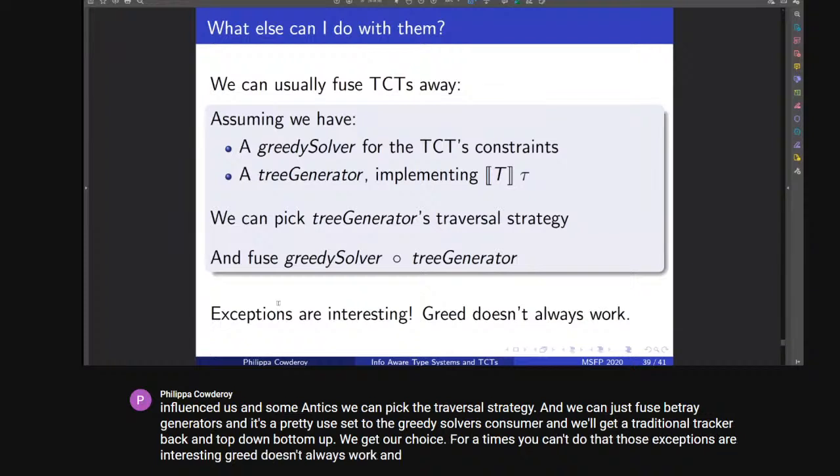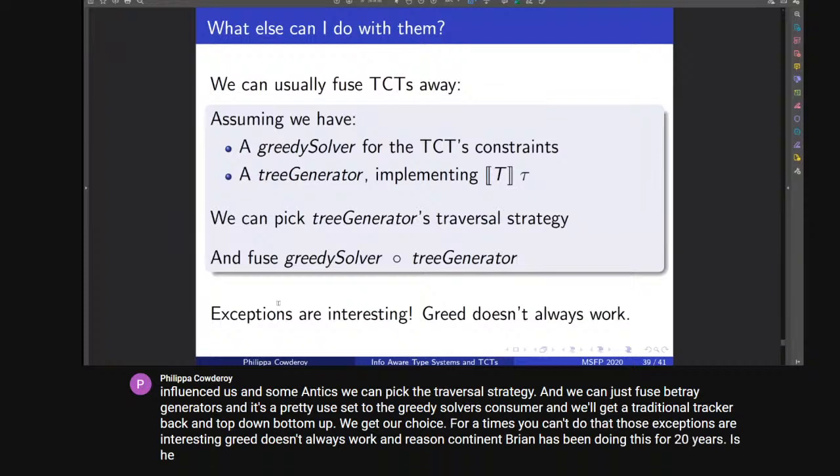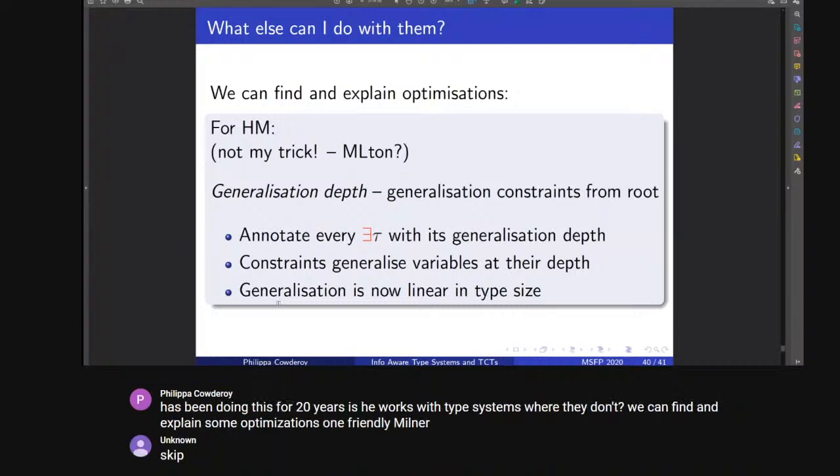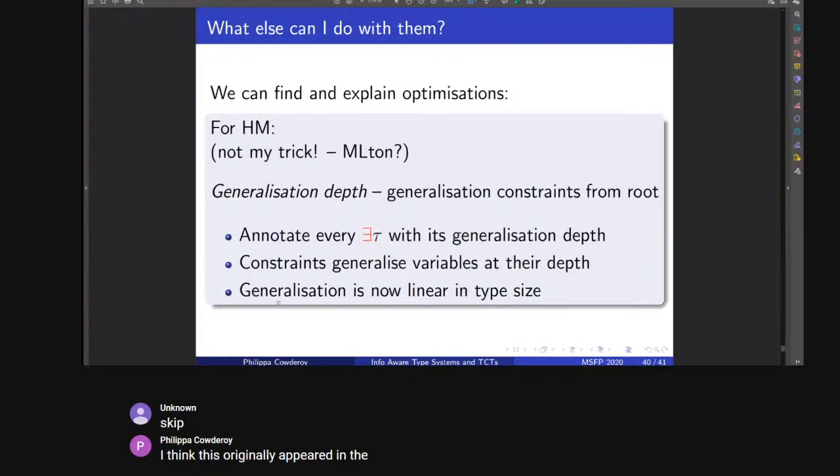And the reason Conor McBride has been doing this for 20 years is he works with type systems where they don't. We can find and explain some optimizations. One for Hindley-Milner, and I think this originally appeared in the Mlton compiler. You can have an idea I'll call generalization depth.